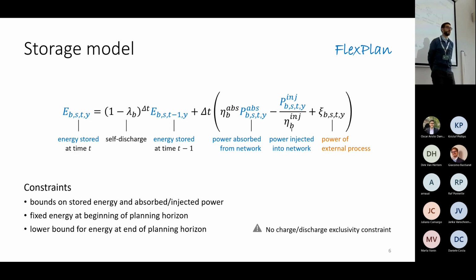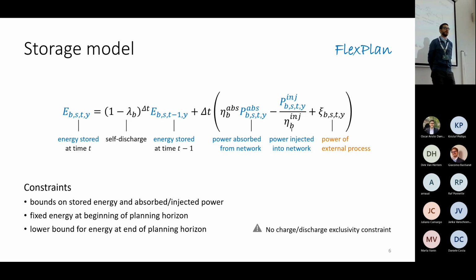As we had to consider huge grids composed by 1,000 nodes and hundreds of storage devices, we made the difficult decision not to include charge and discharge exclusivity constraints. So in the present status of the tool, this is one property that must be checked in the post-processing phase.